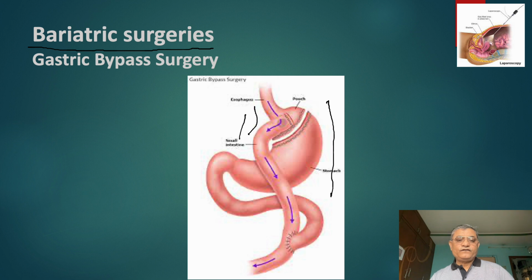We will see the first bariatric surgery, that is gastric bypass surgery. In gastric bypass surgery, the surgeon creates a small pouch at the top of the stomach and it connects directly to the intestine.